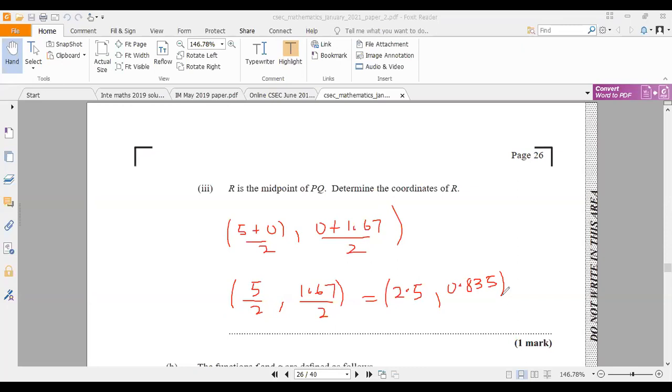The midpoint is X1 plus X2 over 2, then Y1 plus Y2 over 2. The gradient is Y2 minus Y1 over X2 minus X1. You need to write them down so you don't get mixed up. Yeah, for some reason I get it mixed up, but I always know it, sir. Okay, good.